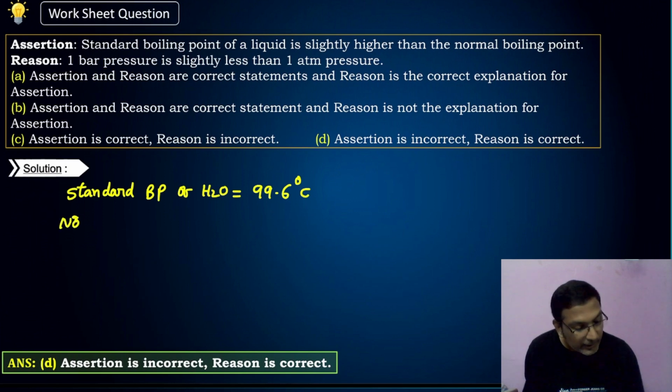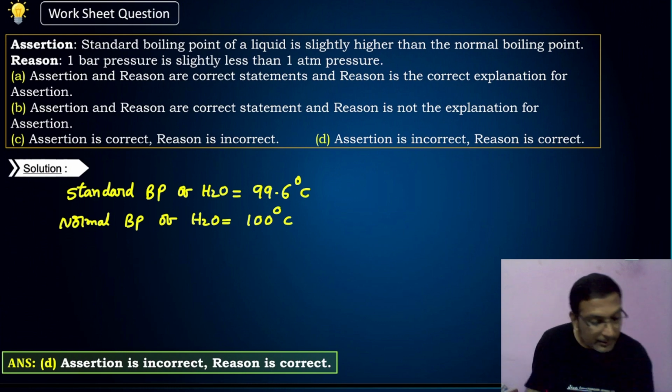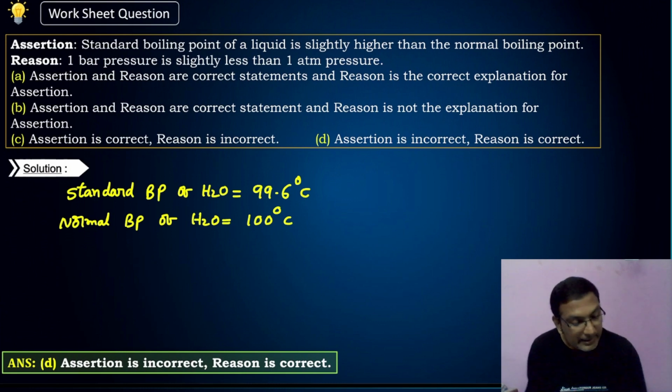Normal boiling point of water is 100 degrees centigrade. So clearly, the standard boiling point of water is slightly lower than normal, but here higher than normal is given. Therefore, the assertion is wrong.